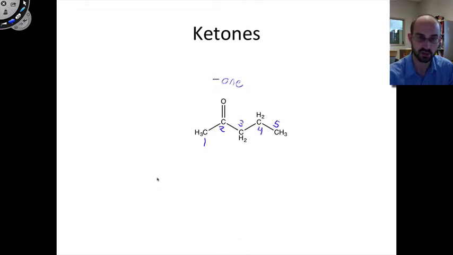So this is going to be pentanone. And because the ketone is at the 2 carbon, it's 2-pentanone. And here is our line angle form.